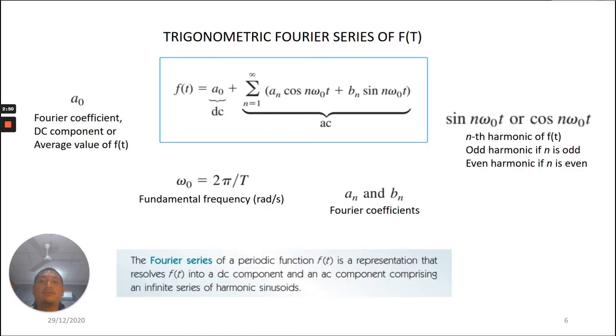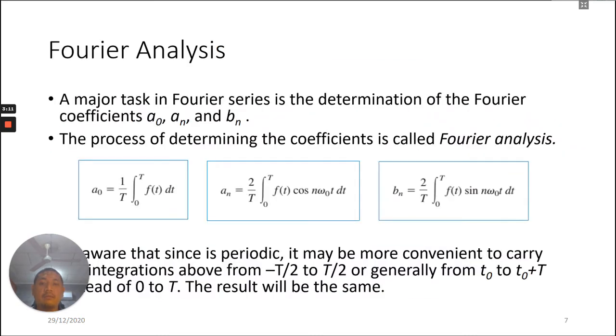So the Fourier series equation is here. We have to determine a naught, an, and bn, and each has its own equation. So we have to calculate all three for every periodic signal.